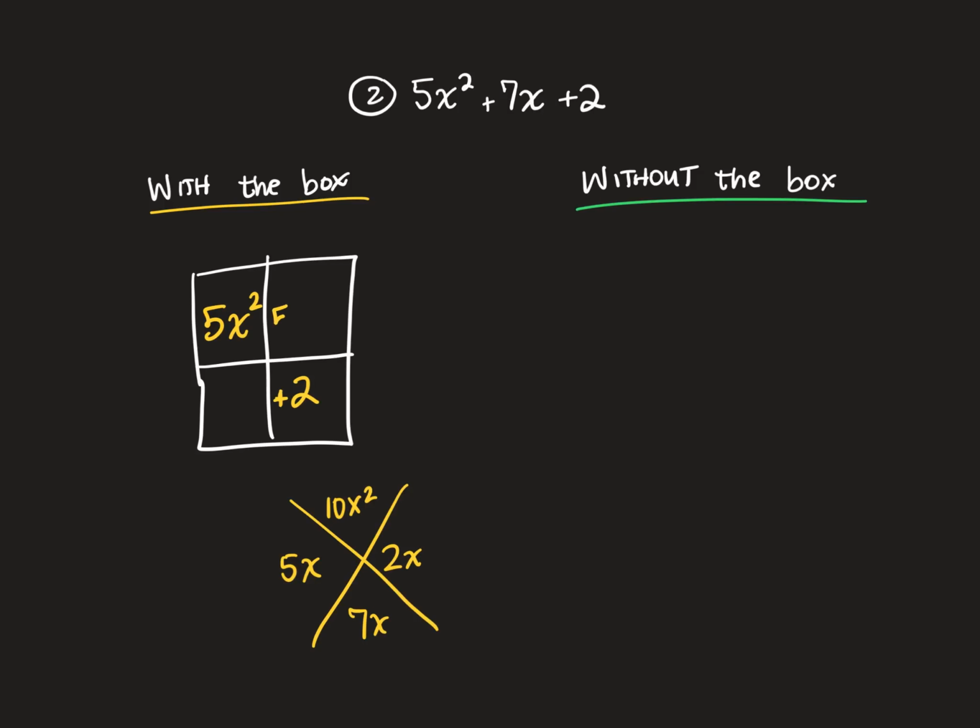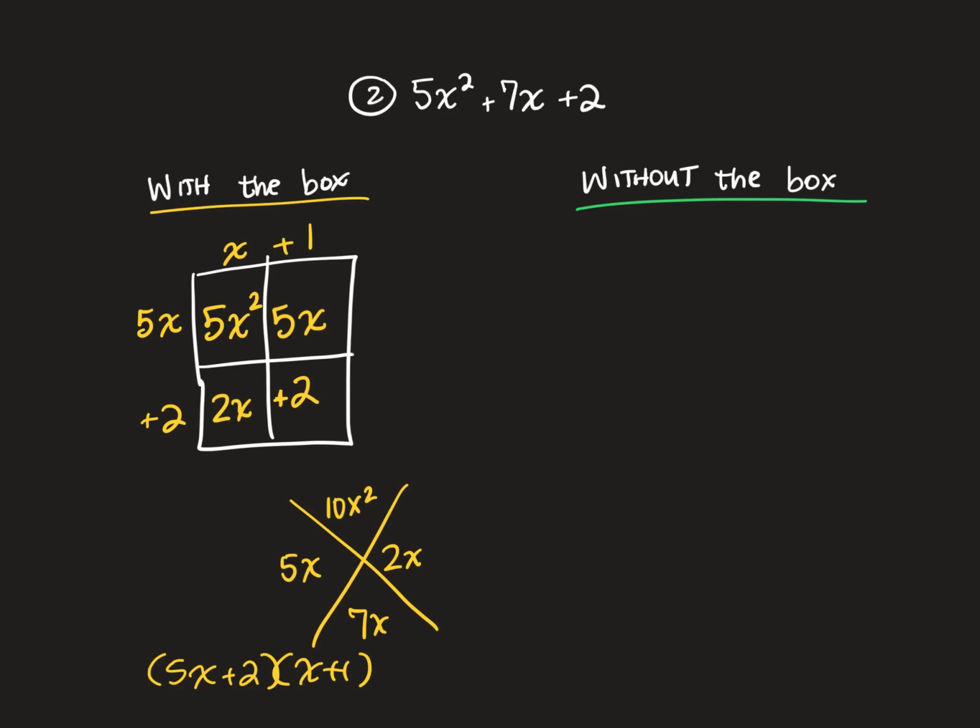And then I put those in my box, and then I would continue to factor. So I would hopefully be able to see very quickly what this would factor to be. So I know what the right answer is, but I want to use the approach where we're not using the box.